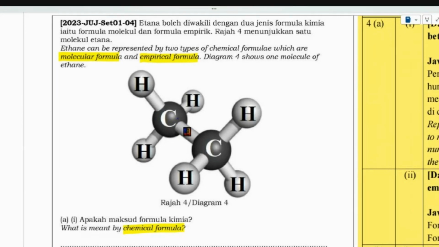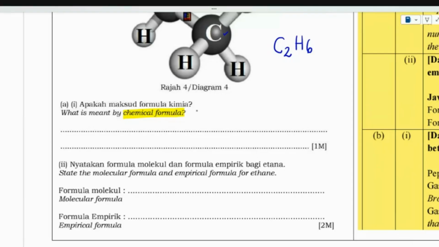So 1, 2, meaning that is C2. H how many? 1, 2, 3, 4, 5, 6. So H6. So this is the molecular formula C2H6. It's the actual number of atoms for each element in the compound.